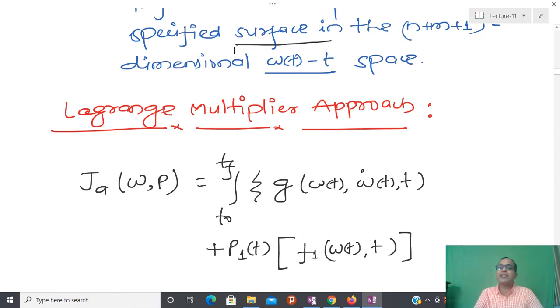When I started the calculus of variations, we assumed that whatever function is inside the functional, each entry is independent. But here only m entries are independent. So after introducing some additional variables, we make again an augmented function, and at the extremization point, that augmented function and the original functional are exactly equal.